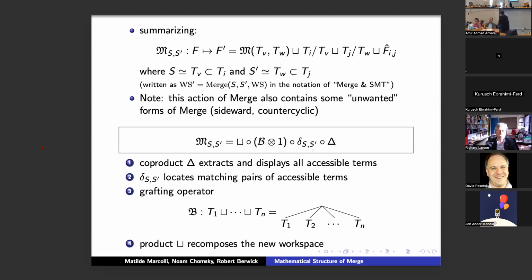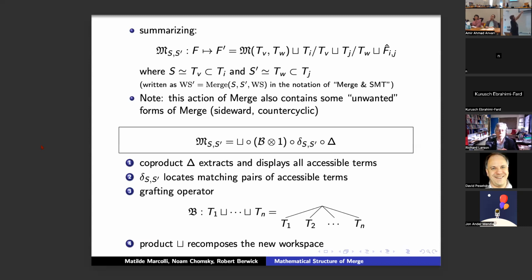If I want to write this in terms of the algebra structure that I was describing yesterday, I can do it like this. I'm writing this formula in this line. The circles are composition of operations, so you start reading it from the end. That's the first thing you do, then it's composed with the next one and so on.